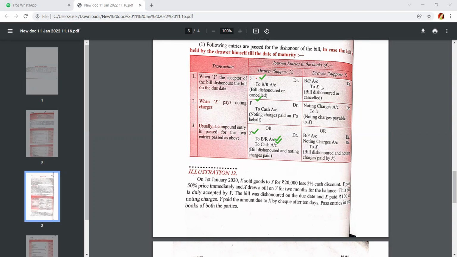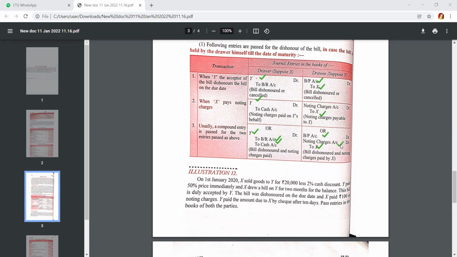In the books of drawer, we are making the BP account debit, and on the other hand, we are doing the X account credit. In the other entry, X account is also credited and noting charges are debit. Now we can combine. X will be credited in both of the cases. Once bills payable account will be debit, in another case, noting charges account will be debit.